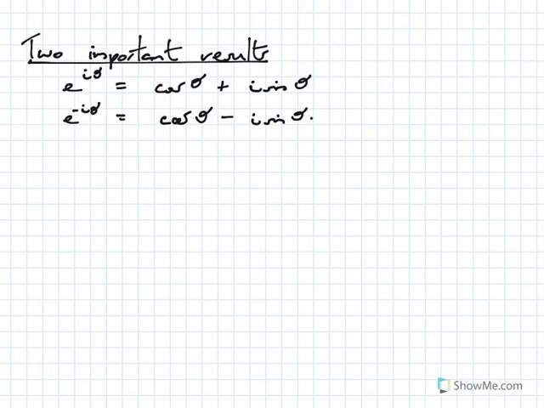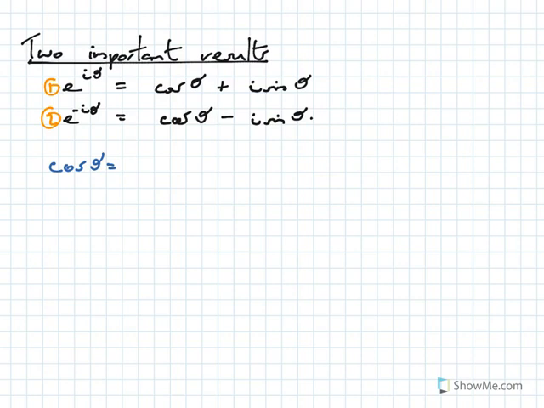Okay, so using what's in front of us here, we're going to prove an important result for cos theta and for sine theta. First of all, let's have a look at trying to work out something for cos theta. So what I'm going to do is add 1 and 2 together.